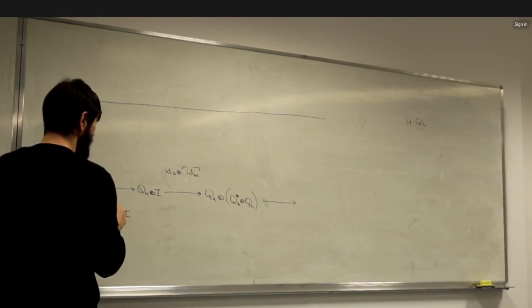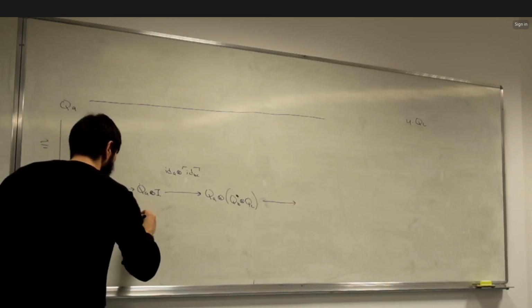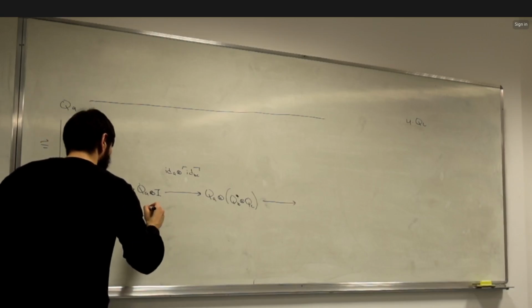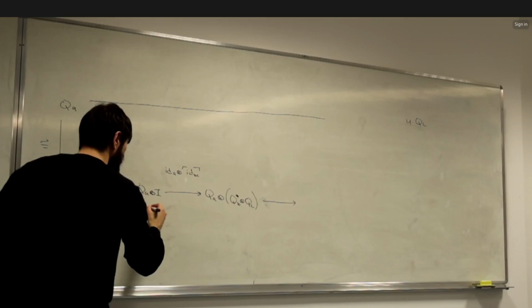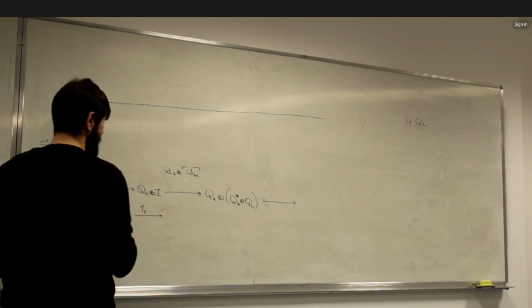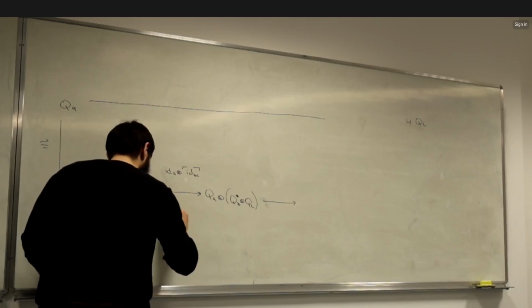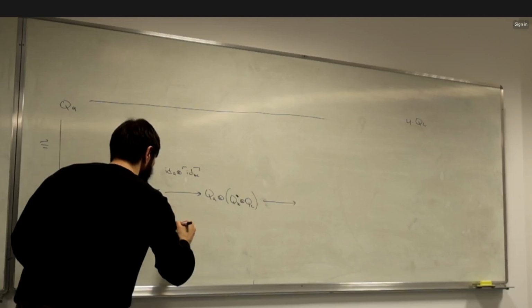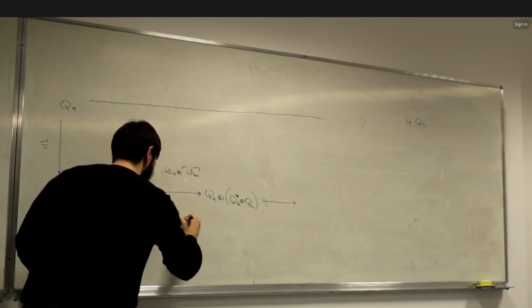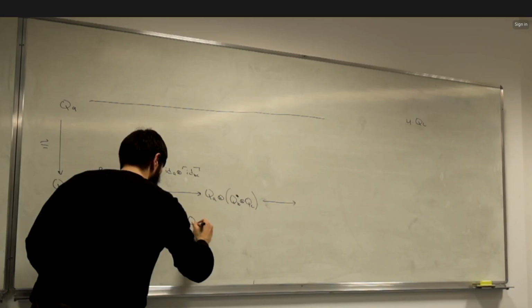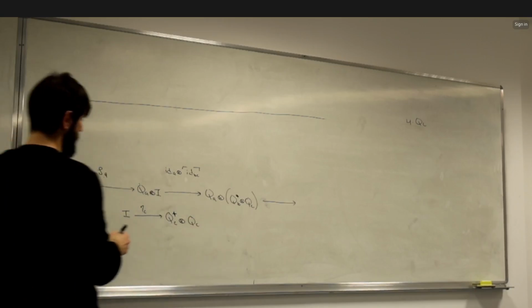This is the same mistake I made last time. Okay. So if I use eta on QC, then this will be QC star tensor QC, okay.